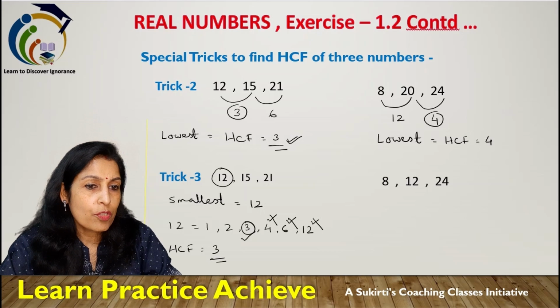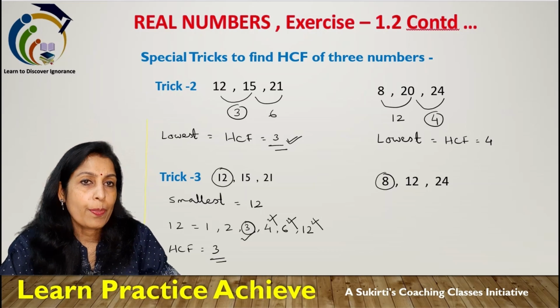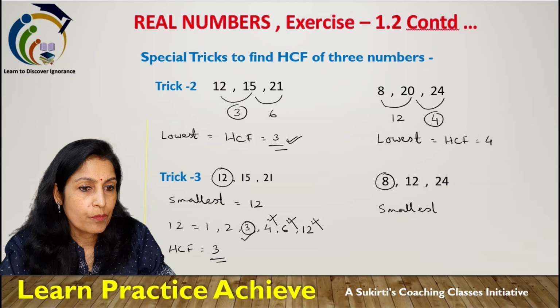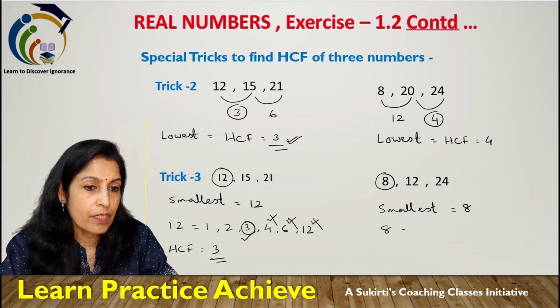Again in the same way we will solve here. The smallest number here is 8. So find out the factors of 8. So smallest number is equal to 8. Now factors of 8 are 1, 2, 4 and 8.